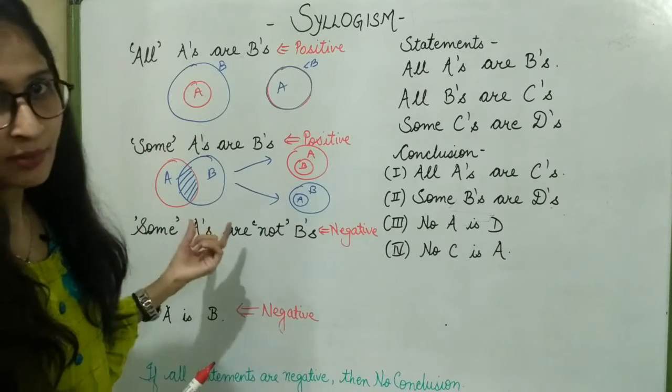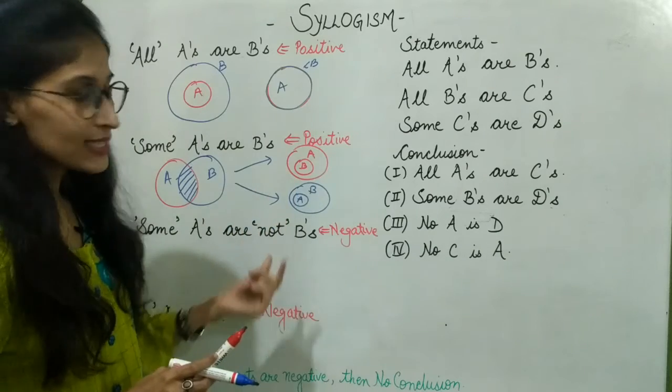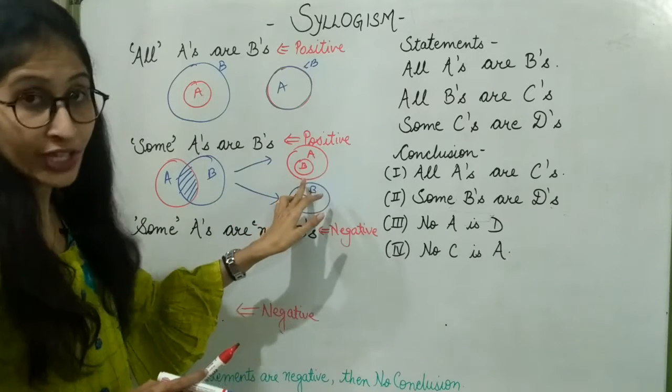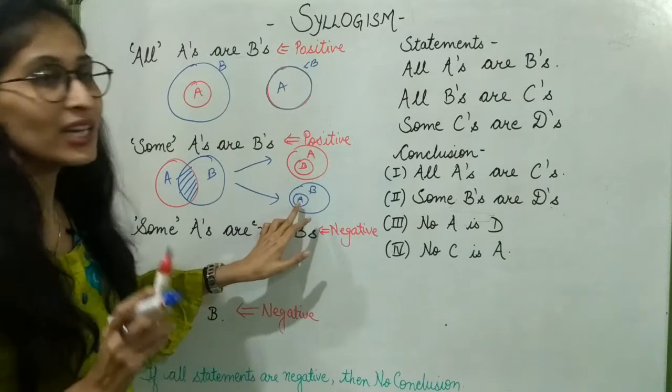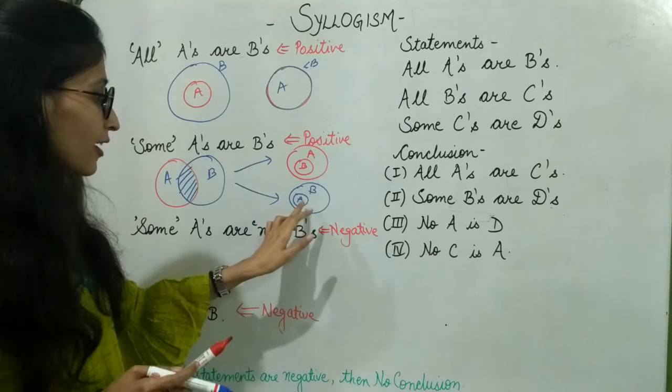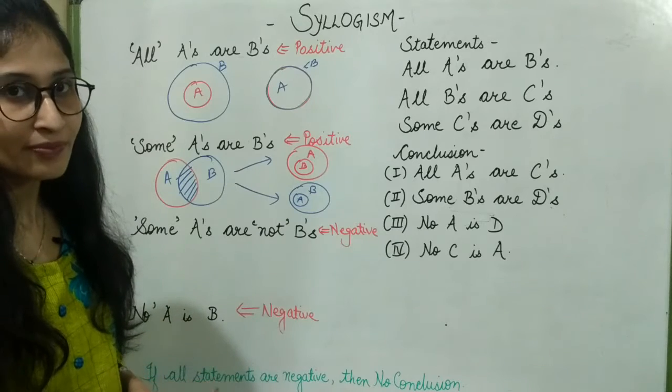Some A's are B's can also be maximized to all B's are A's. Here also some part of A is in B, or as all A's are B's. Here also some part of A is in B.